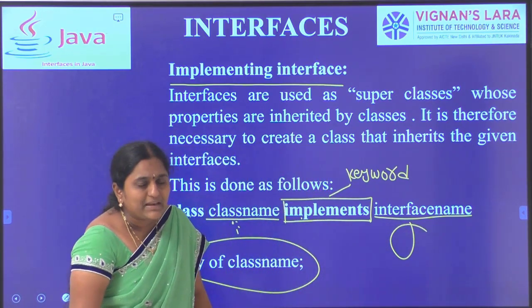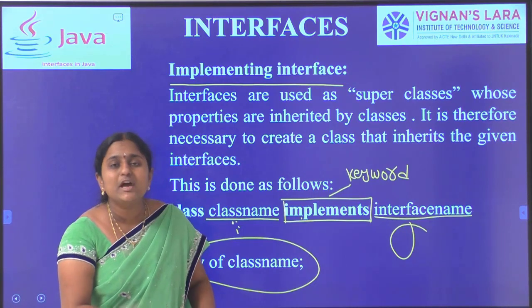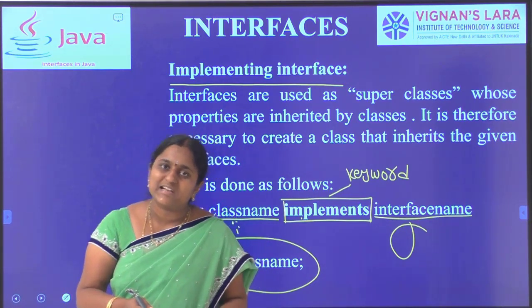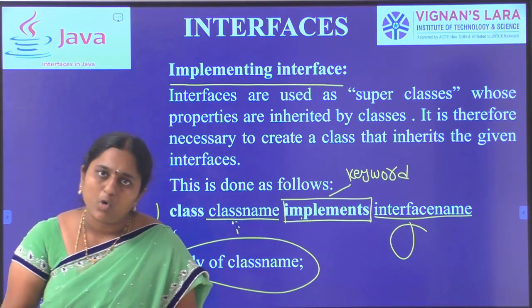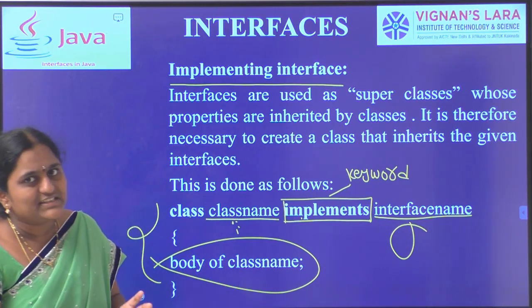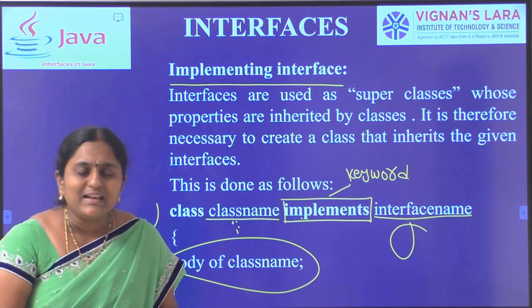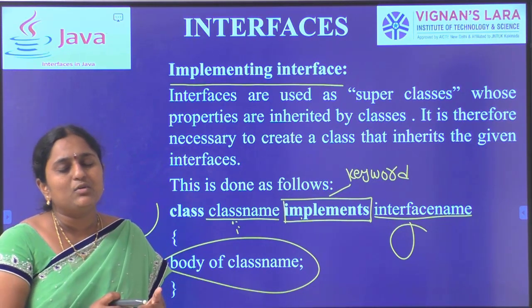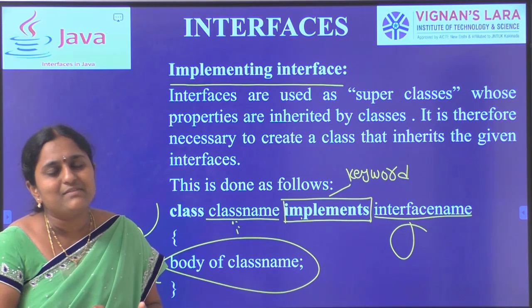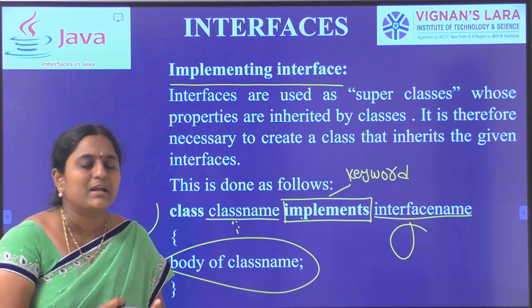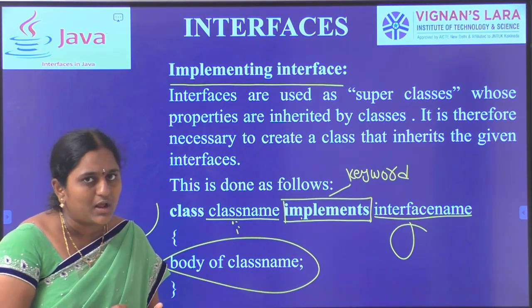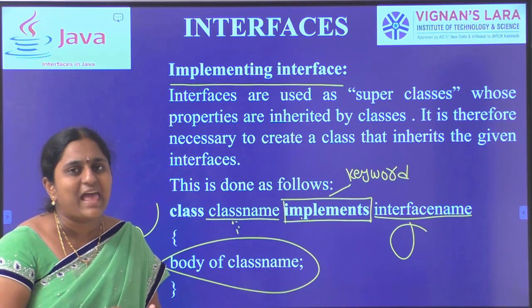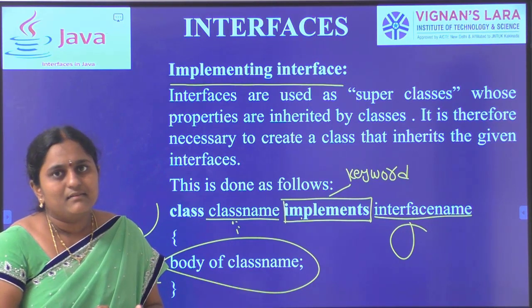At the time of compilation, the compiler checks whether the user is providing the body of the corresponding interface or not. Only when the compiler identifies the interface method body could it compile our program successfully. Otherwise, our compiler would not compile our program. At the time of compilation, it leads to an error.